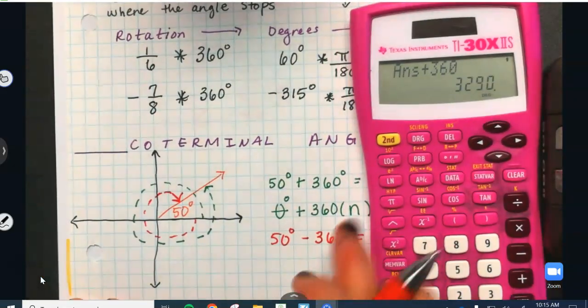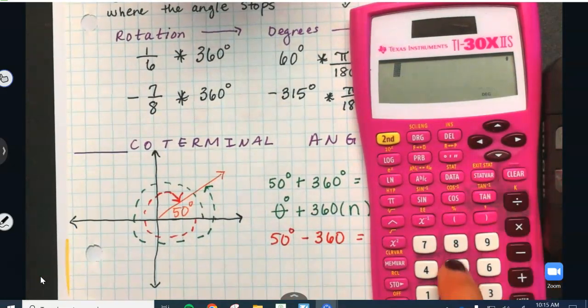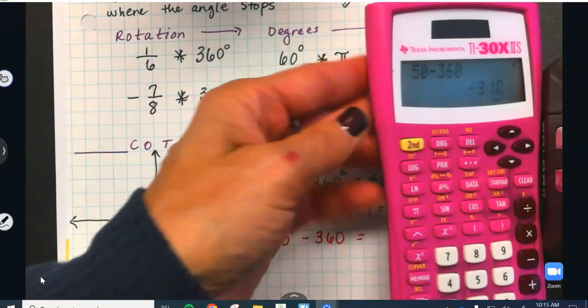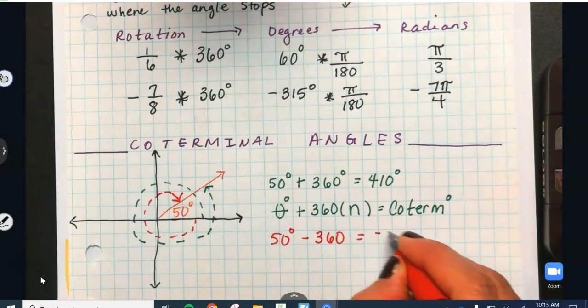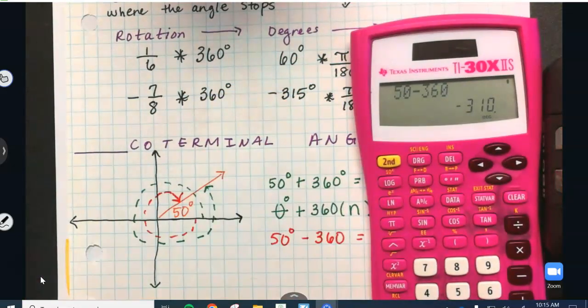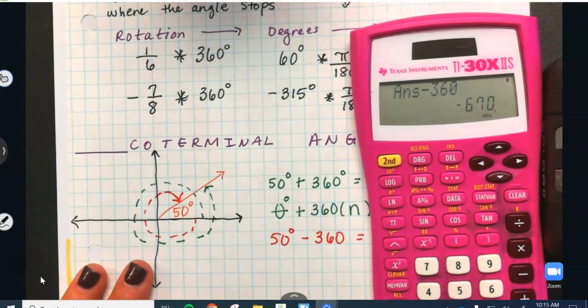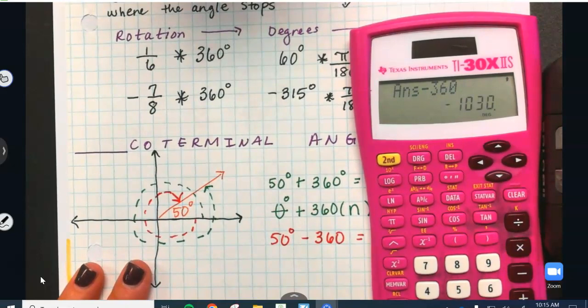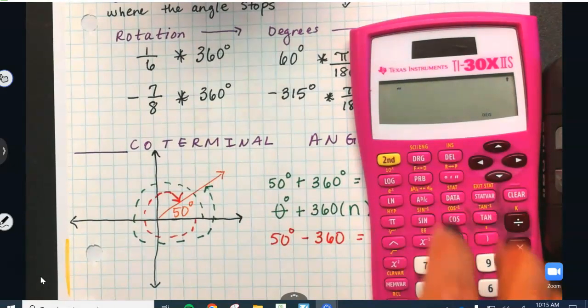On my calculator, 50 minus 360 gives negative 310. So negative 310 is a coterminal angle of 50 degrees. And again, I can just keep hitting minus 360, minus 360. Coterminal angle, coterminal angle, forever.